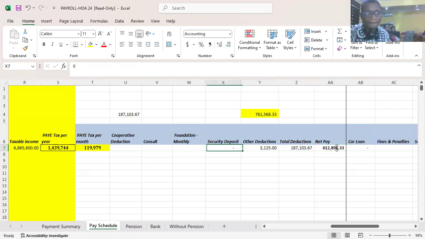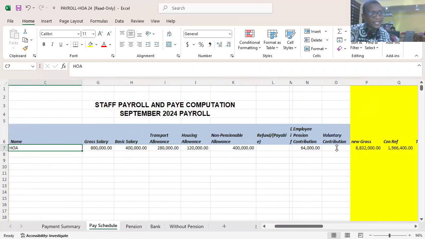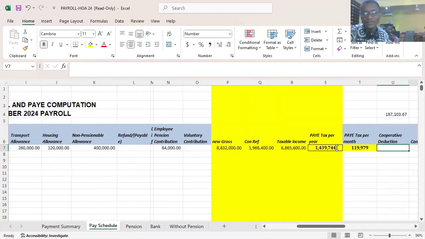But you must go back to your gross and make sure that your gross is not having any formula. Though all figures are linked to it, make sure that the gross itself is not having formula. If that is achieved, you will come back to this net pay.